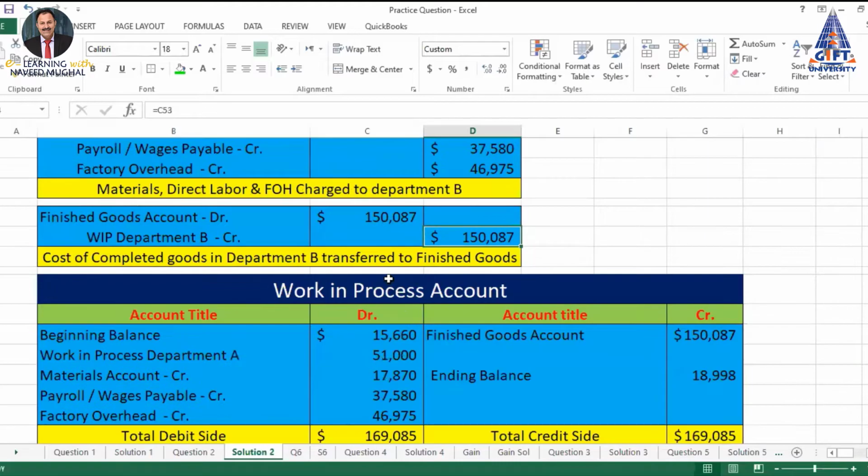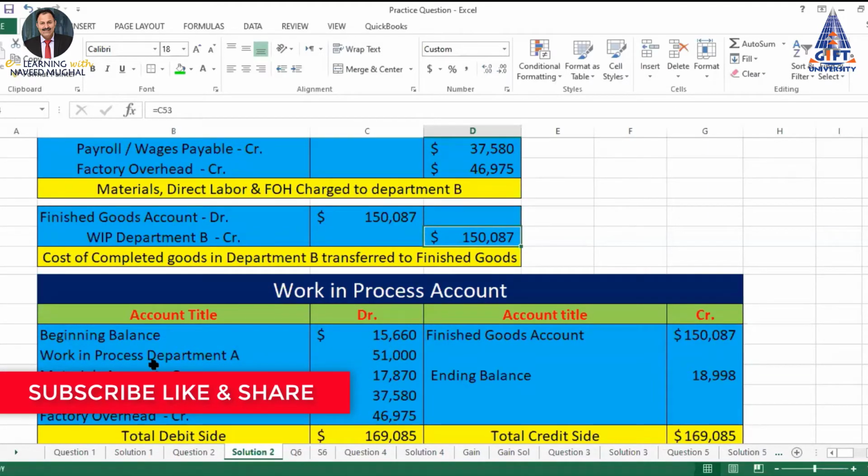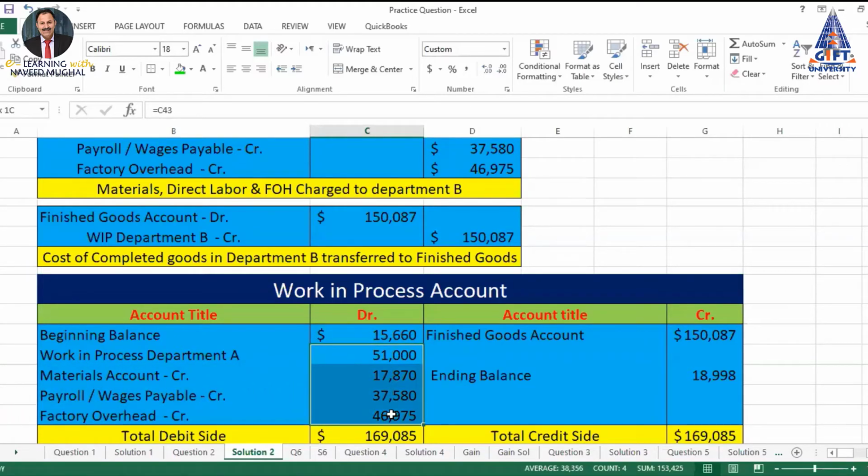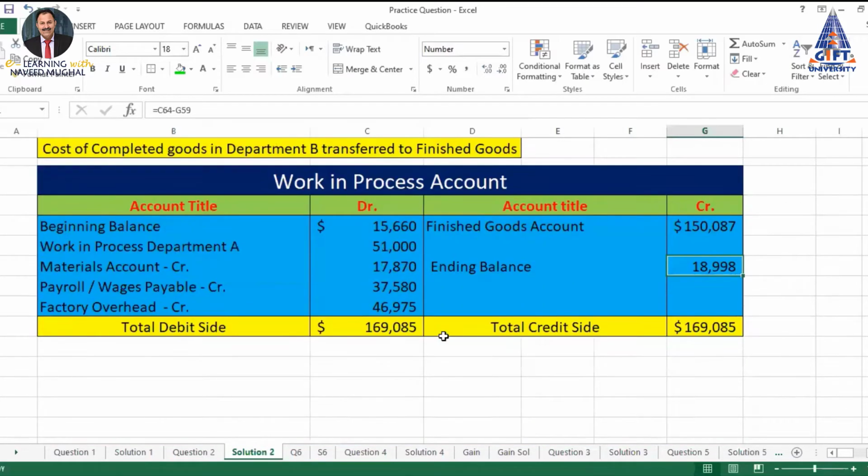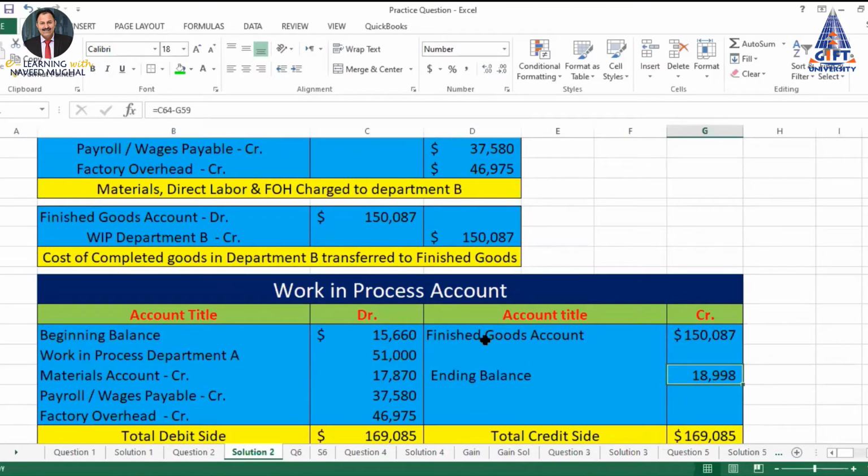So we will debit the work in process account with the beginning balance and the cost charged to the department. These four costs were charged to the department in this period, and the cost sent from this department in the shape of finished products are the costs out of the department, and that is the ending work in process inventory. In this way, we can have the work in process account.